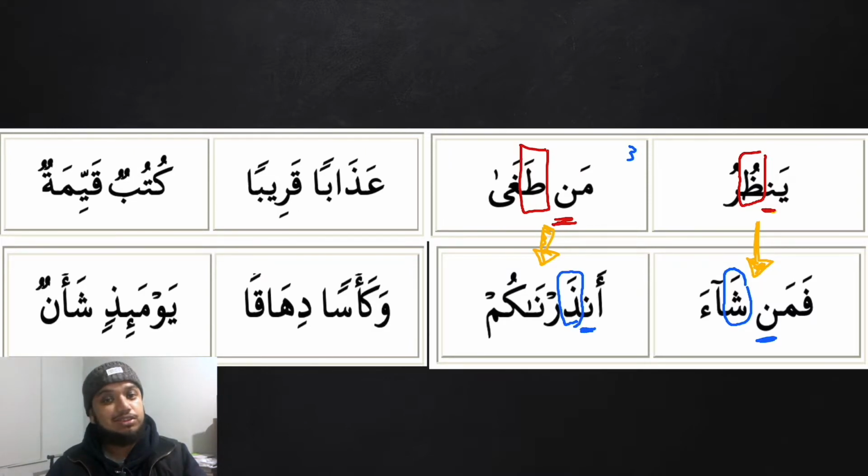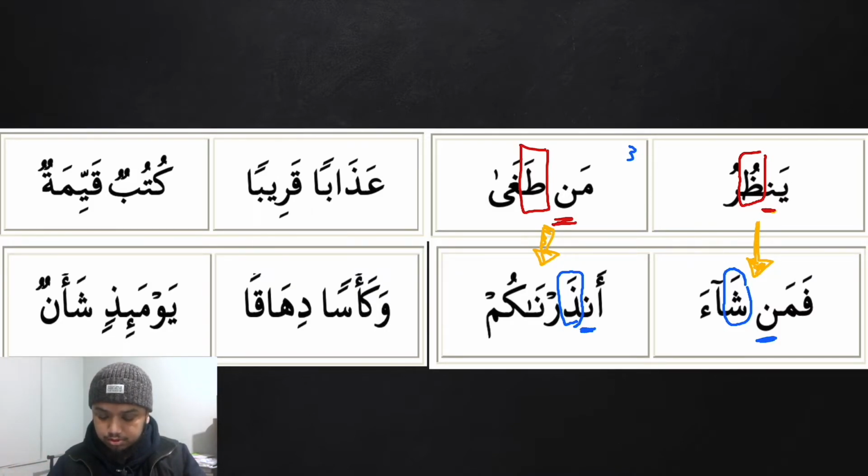Dhal is light, it's not a full mouth letter. So أنذرناكم compared to man tagha. Can you hear the difference between the light and the full mouth? Remember, if a noon sakina or tanween is followed by a full mouth letter, then the ikhfa will be full mouth. Otherwise, the ikhfa is light.